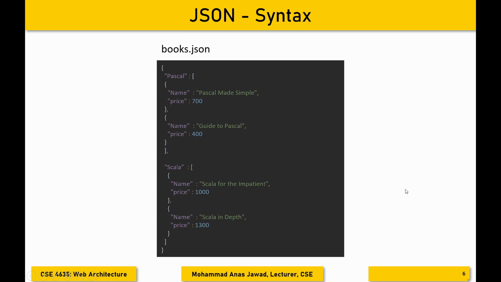The way we can interpret this is a very simple JSON file that contains information on two arrays, and those two arrays contain two books each: the Pascal object contains two books, and the Scala object also contains two books.